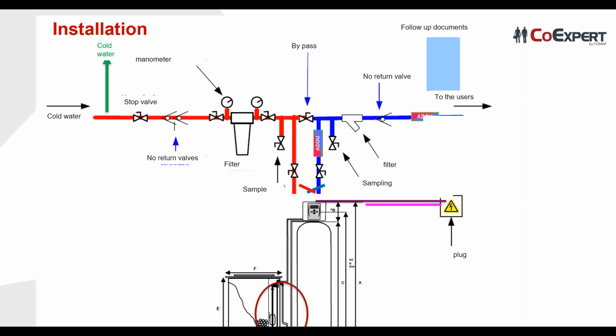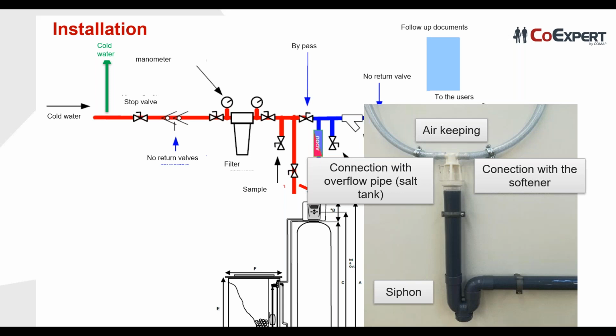And here, two draining pipes with a siphon. The installation looks like that. So it's also important. One pipe is in case of overflow in the salt tank. So this one. And the other pipe is for the regeneration brine water and water.